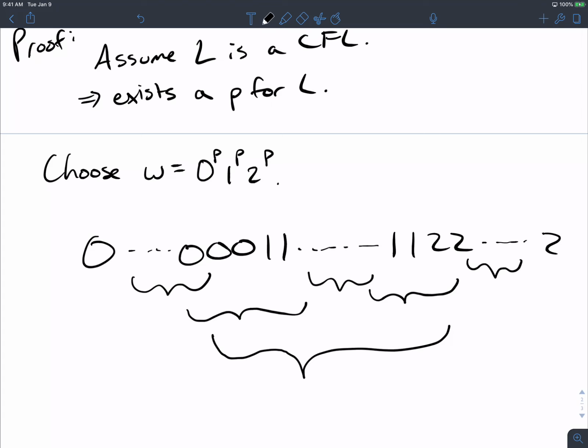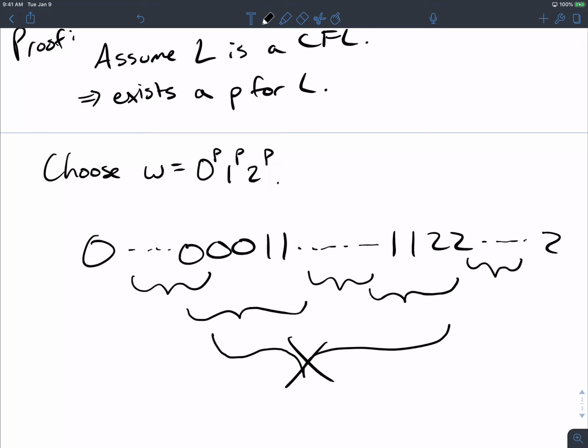But if it had some 0s and some 2s, then it must have length at least p plus 2, because it must span the entire set of 1s, which has p of them, and at least one of the other 2. So that's clearly violated. That last situation obviously can't occur, because it violates the length requirement. So let's look at the other 5 cases.